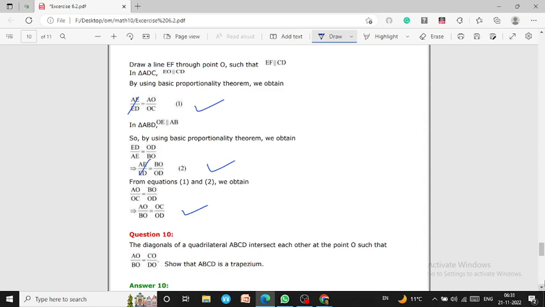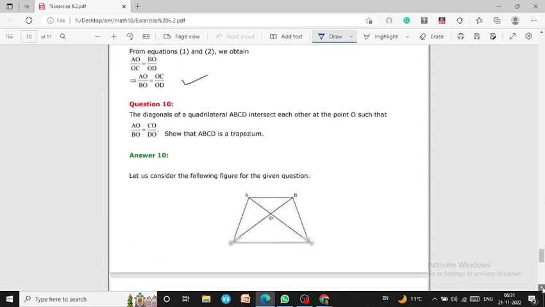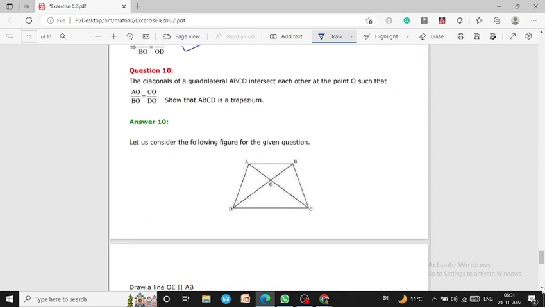And the next question is: the diagonals of a quadrilateral ABCD intersect each other at a point O. We have AO over OB equal to OC over OD, as proved in the previous question, but now with these given, we have to prove whether this is a trapezium or not.